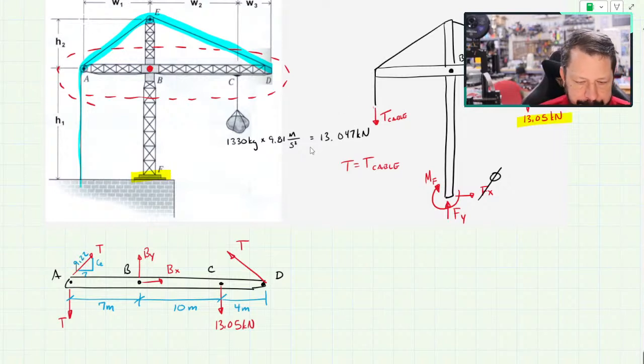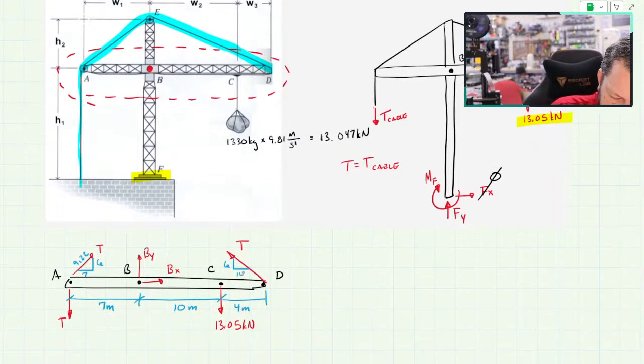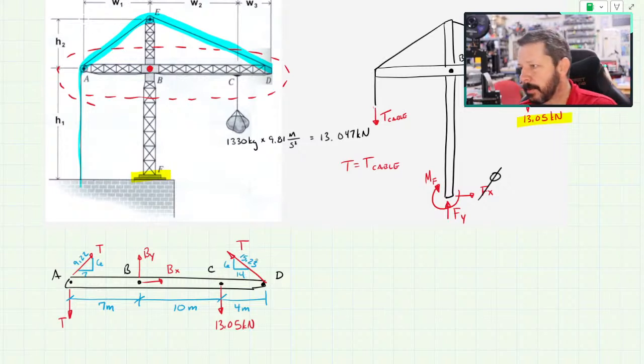The other one has a height of 6 and a run of W2 plus W3, 14. And that gives it a hypotenuse, 6 squared plus 14 squared, square root of that number is 15.23. Or you could go in, if you don't like using the rise over run directly, find the angles and use sine and cosine.